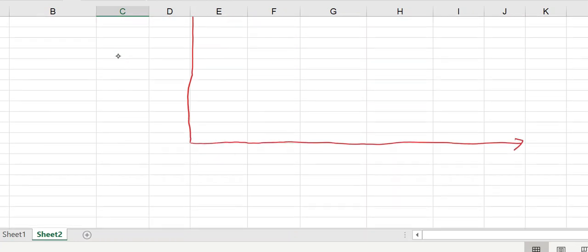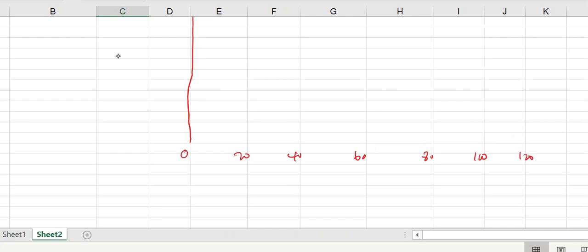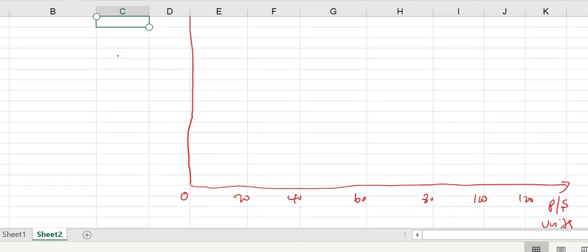So what we can do is, this is 0, 20, 40, 60, 80, 100, this is 120. So we'll extend this. So this is your production as well as sales units. This is horizontal.